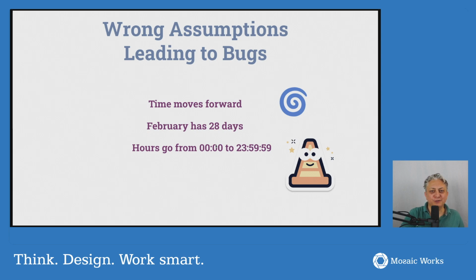Okay, time moves forward. The problem is the things that we are storing. So when I'm talking about time in this video, what I'm really talking about is the values that we deal with in code, the datetime values. If you think about time in the abstract, based on everything we know, it moves forward. But the date and time values don't necessarily grow all the time.